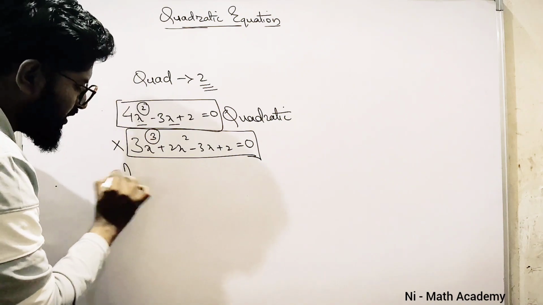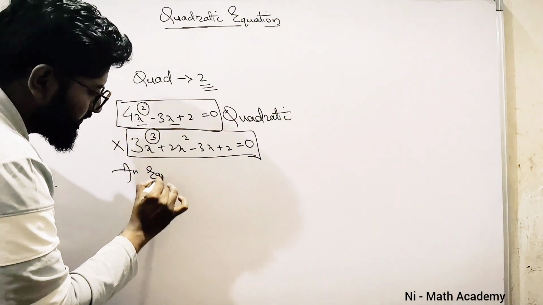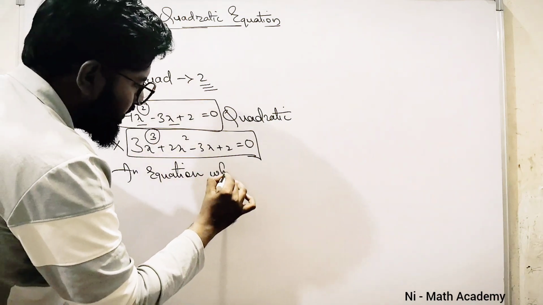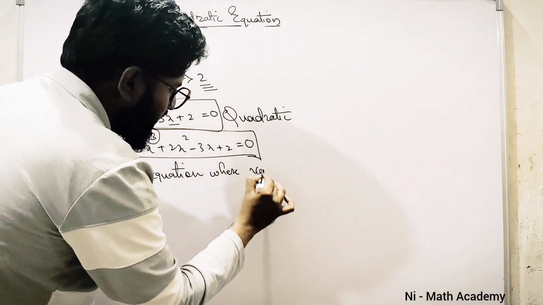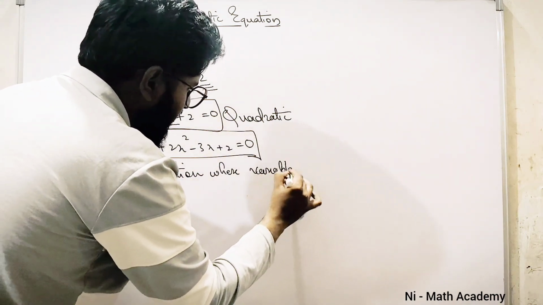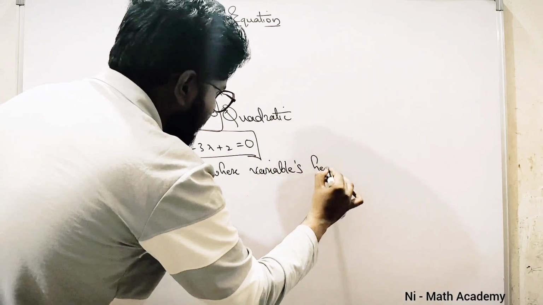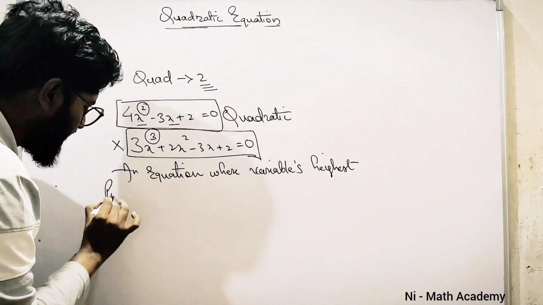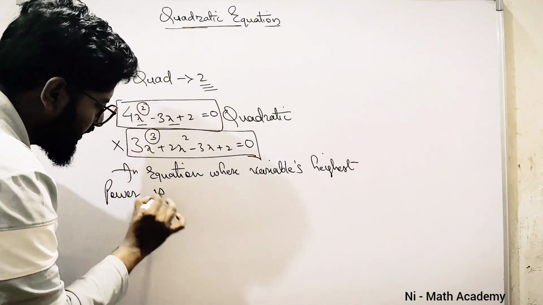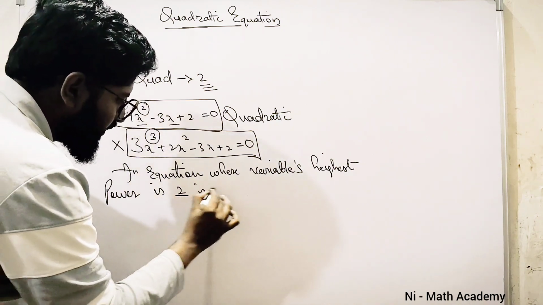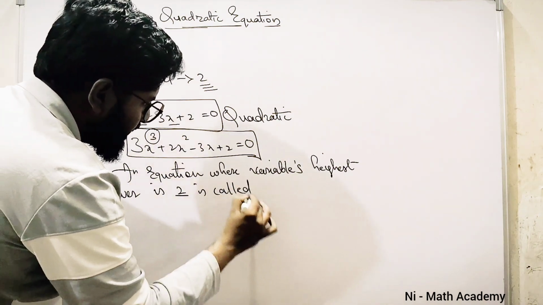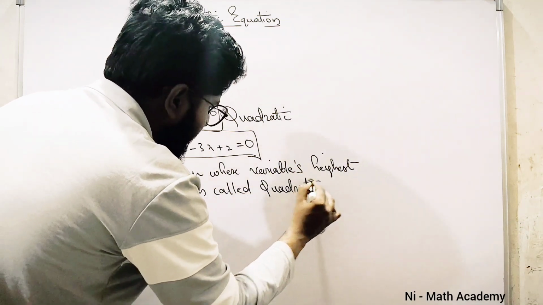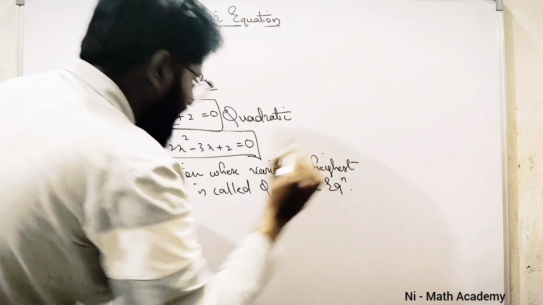So the definition of quadratic equation is: an equation where the variable's highest power is 2 is called the quadratic equation.